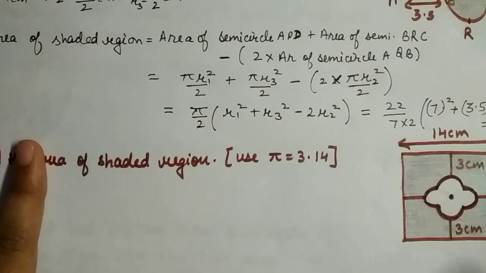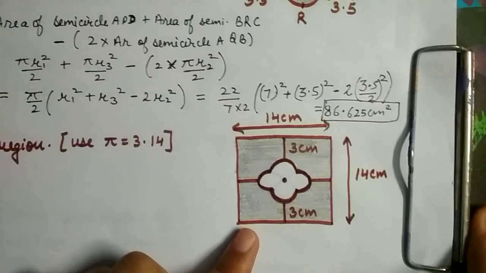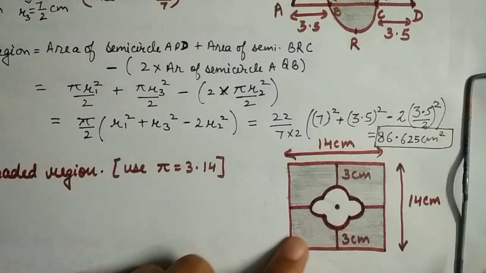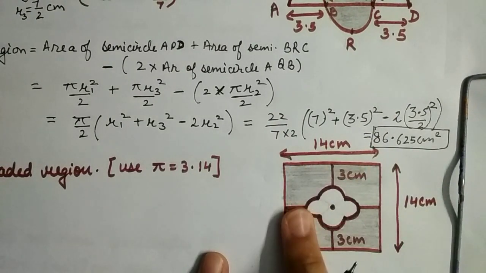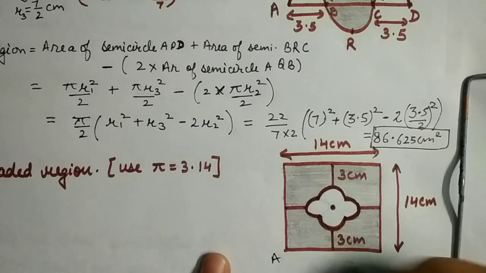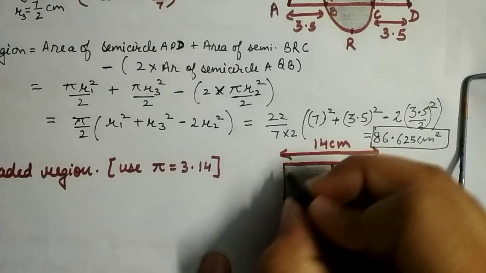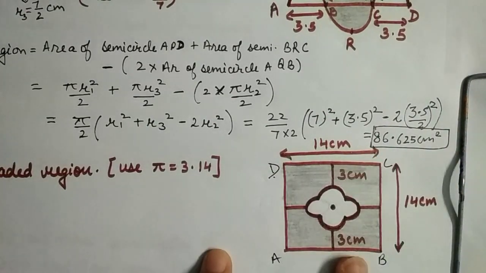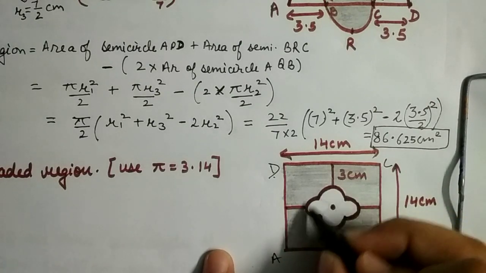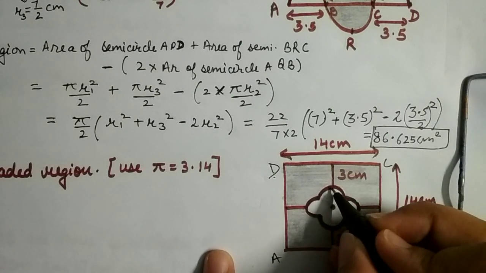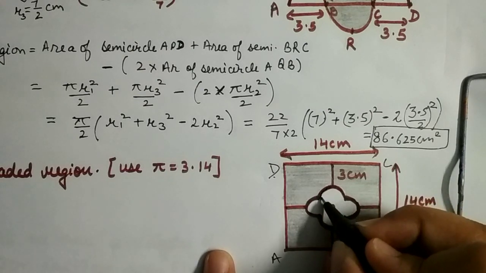In this question, this figure is given and we have to find area of the shaded region. Okay, so from here you can see that this is a square. Let us name it A, B, C, D. This figure is formed from 4 circles.